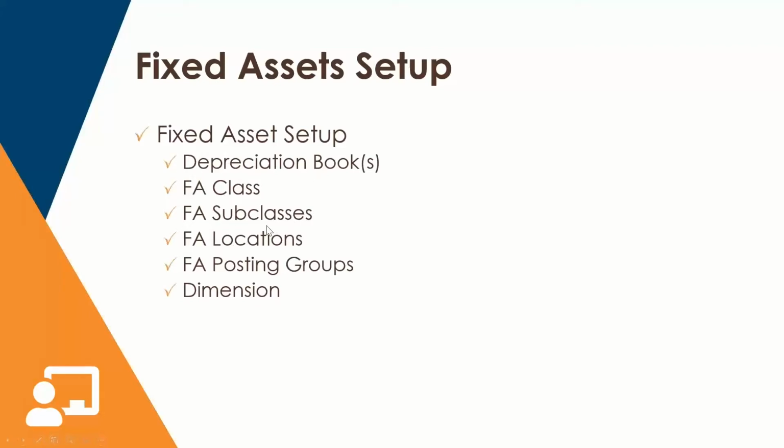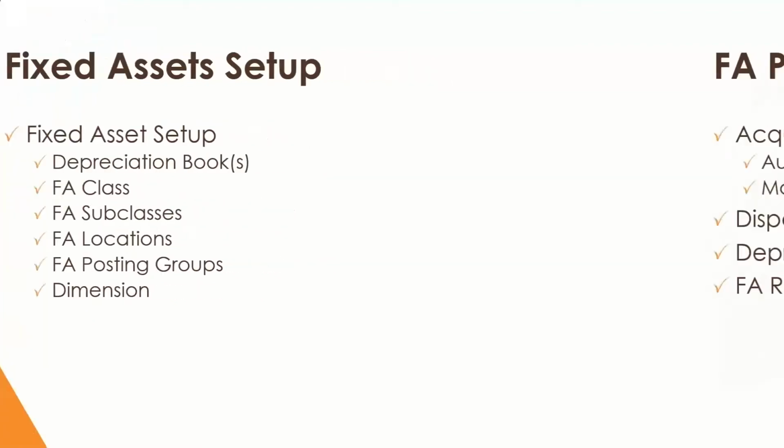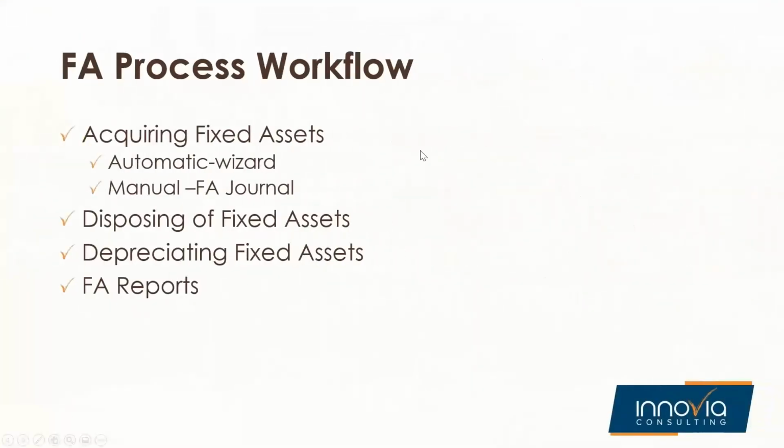Some of them are already defaulted when you go through your fixed asset setup. And then after that, we'll go through the whole process of acquiring a fixed asset. There are two ways of doing that. We'll walk through the automatic one.